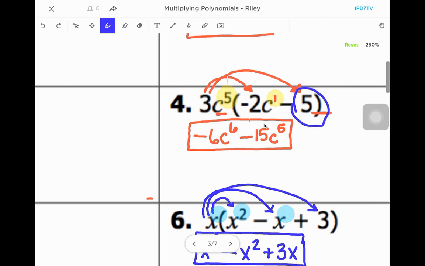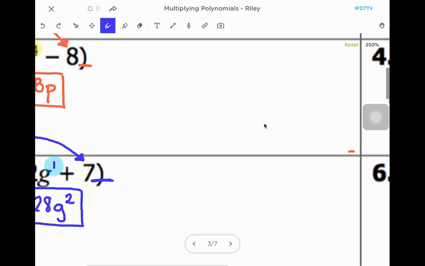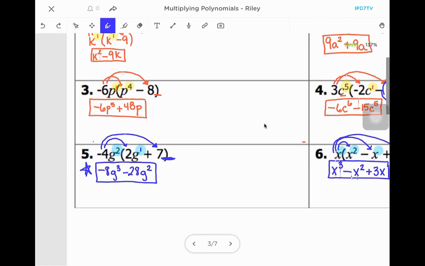Well, 5 didn't have anything, so we just tagged on c to the 5th power after we did 3 times 5. Okay? 3 didn't have anything, so we just tagged on x to it. 7 didn't have anything, so we just tagged on g to the 2nd. All right?